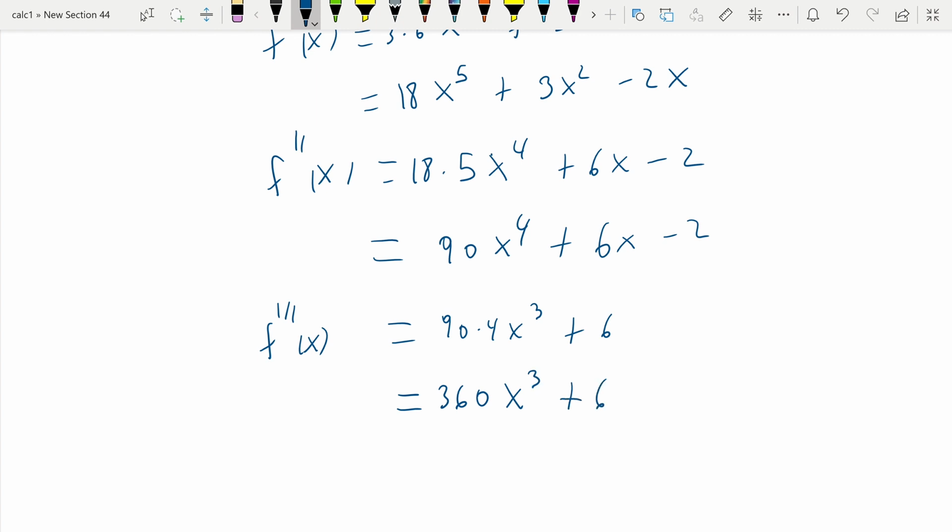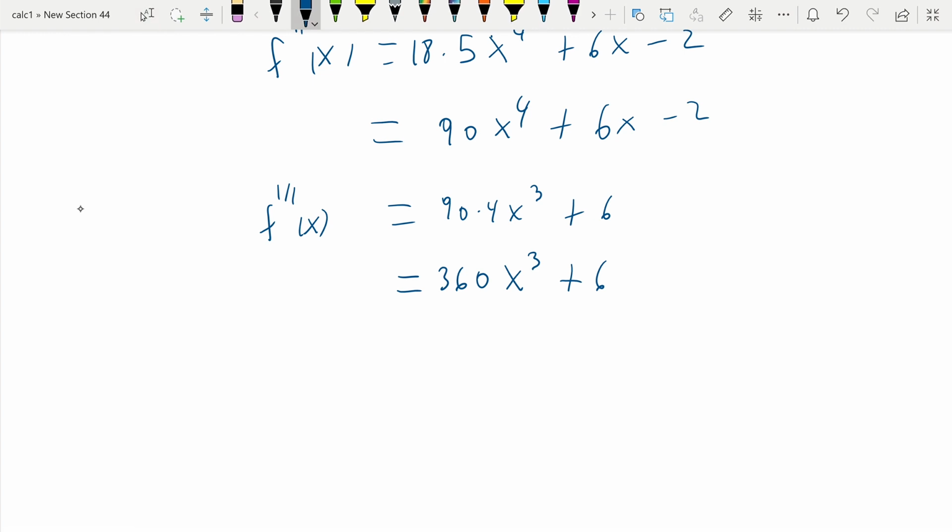plus 6. So what is f triple prime at 1? F triple prime at 1 is 360 times 1 cubed plus 6, or 366.